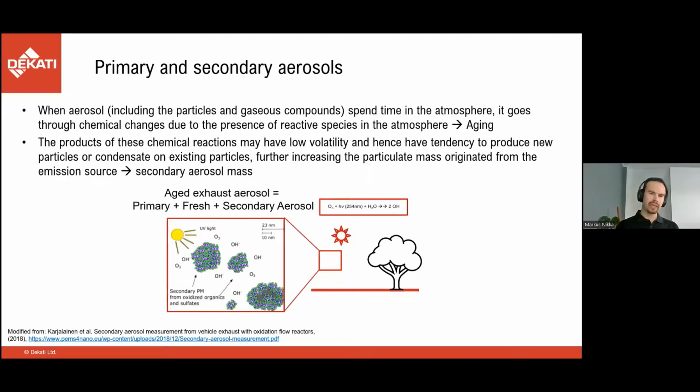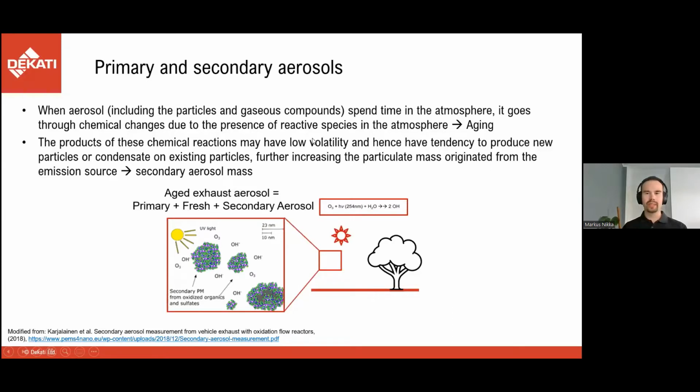But when this aerosol spends a long time in the atmosphere, it will go through chemical changes due to the presence of different reactive species in the atmosphere. The most important reactive oxidative species are the hydroxyl radicals, which react with the compounds mainly during daytime. These processes are typically called aging of the aerosol.